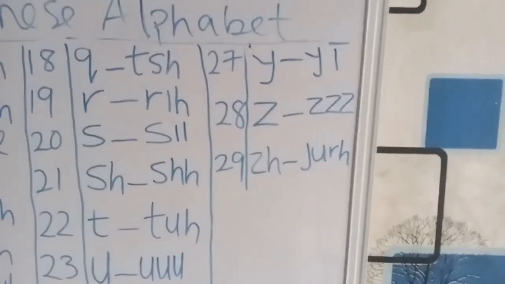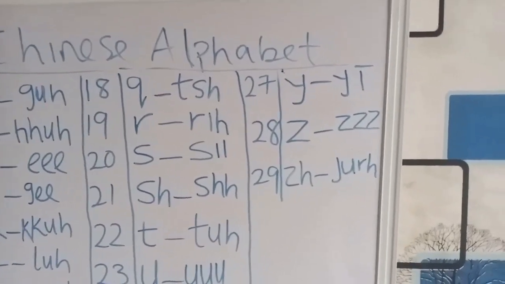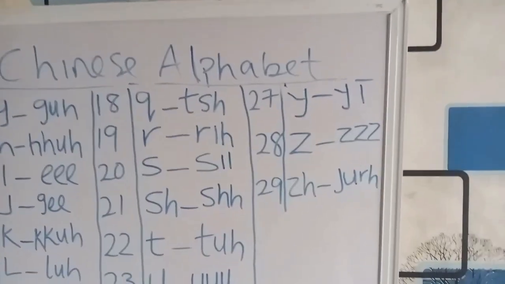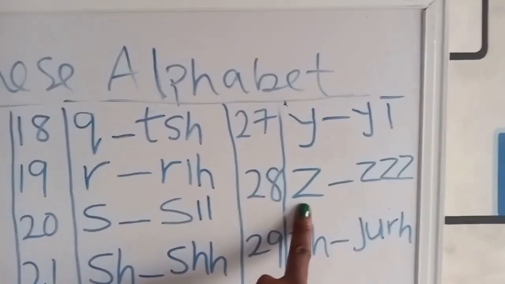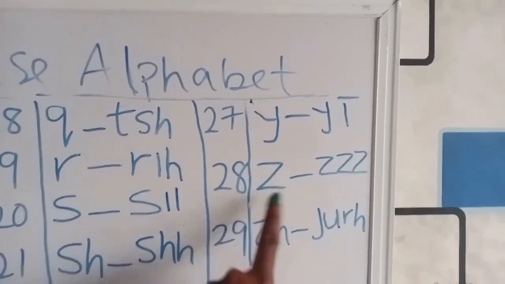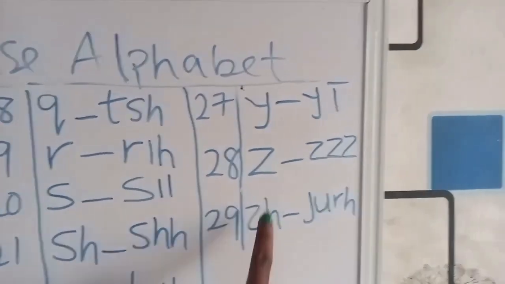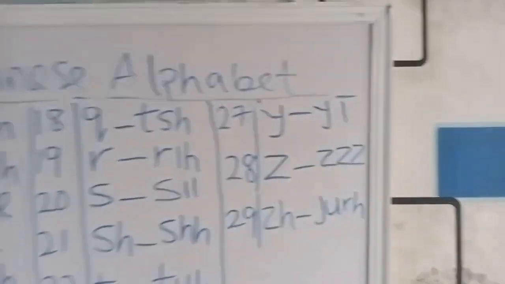Then the last one is the Z with the H. That is pronounced like you're saying Jurh. J, J. This one is Z. This one is zh.